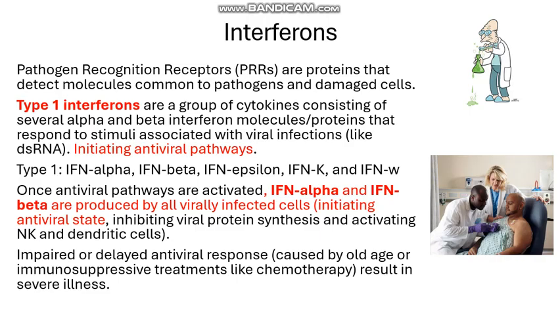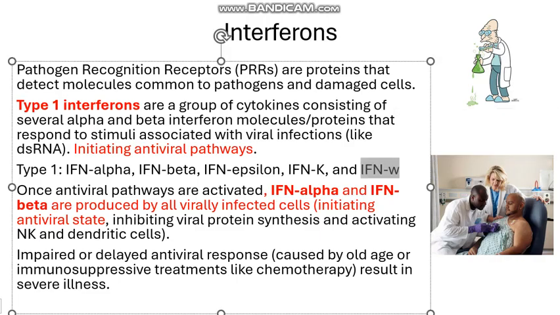So, for example, if they detect double-stranded RNA, which is indicative of a viral infection, a cell is going to produce type 1 interferons, and then these type 1 interferons are going to initiate an antiviral pathway to try and get rid of the pathogenic virus. So some types of type 1 interferons include interferon alpha, interferon beta, interferon epsilon, interferon kappa, and interferon, I forget what the Greek W symbol is, you'll have to look it up.